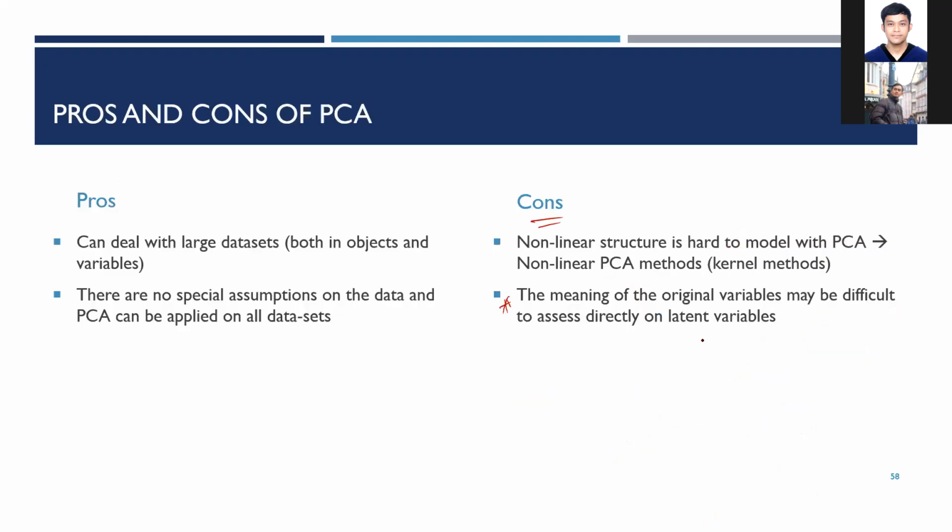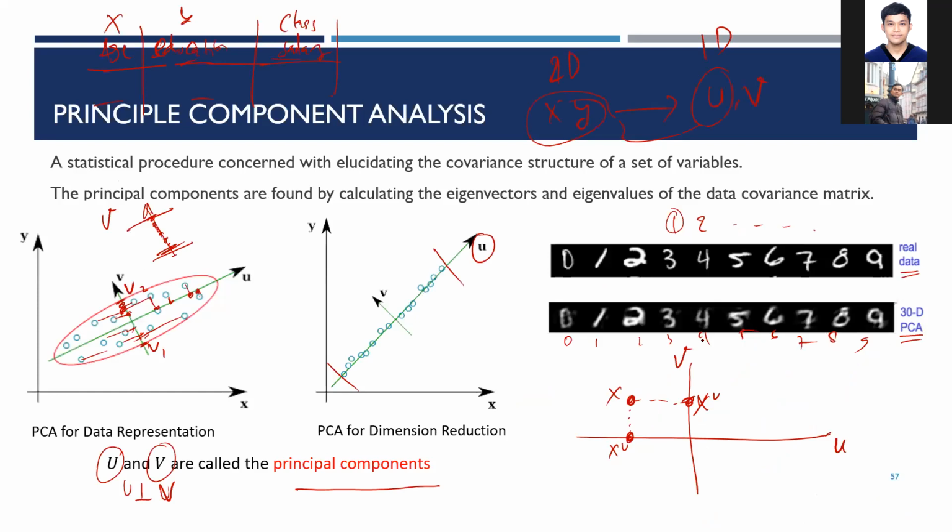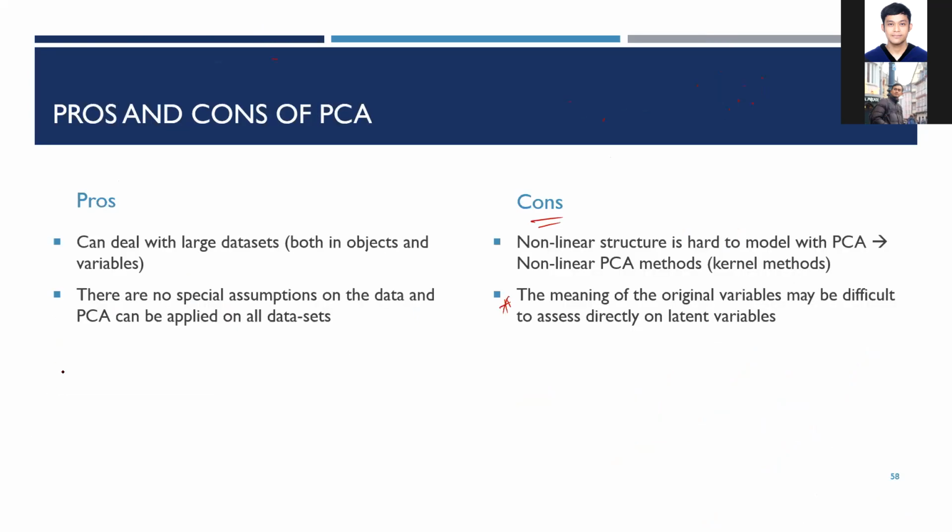If we go back to this picture, we can write like this. If we have, for example, 4 dimensions, then we will have 4 principal components.